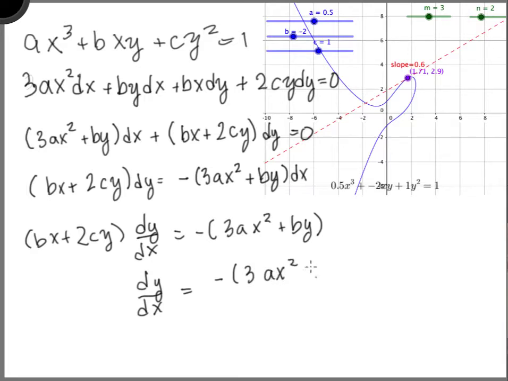Now this is something we haven't seen anything like. We're saying it's a derivative, but the x's and y's are mixed together. And the crazy thing is, in this world of implicit curves, maybe we're interested in dy dx, maybe we're interested in dx dy.